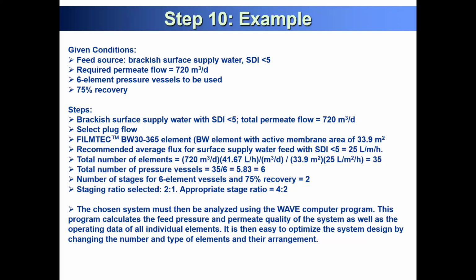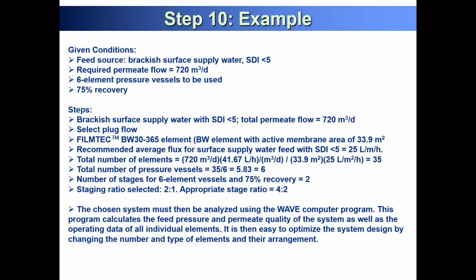The recommended average flux for surface supply water feed with SDI less than 5 is 25 LMH. So under this condition, with brackish water and BW30 membrane elements, the company recommends 25 LMH.